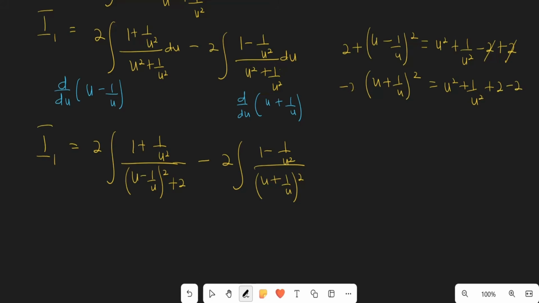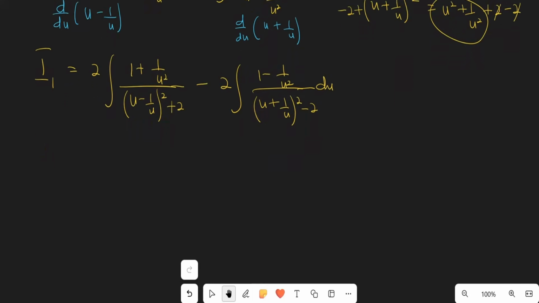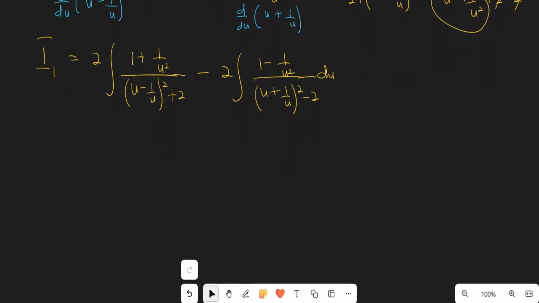And to nullify the effect, I have to subtract 2 to the left hand side. So this and this will cancel. Then you have u squared plus 1 over u squared, which is the same as our denominator. So that means the denominator here, I'm going to subtract 2, as we have seen here, and then du. So these are our two different denominators.